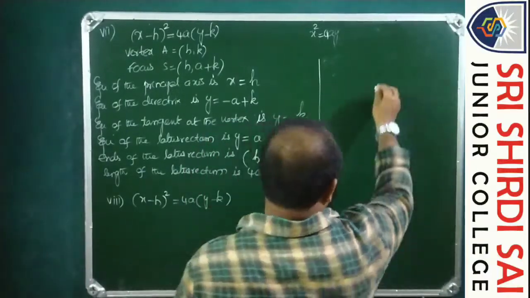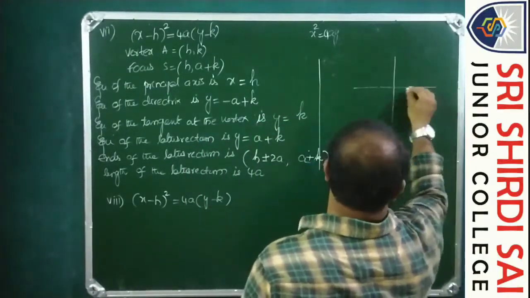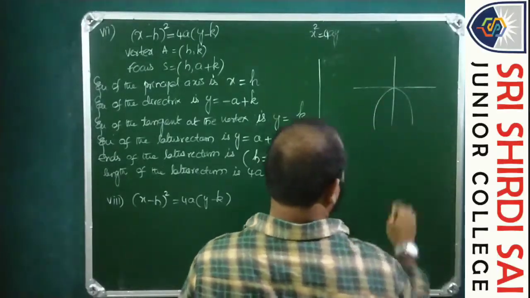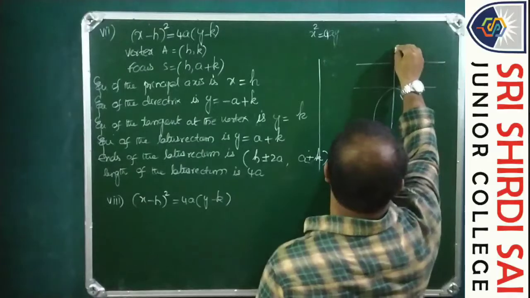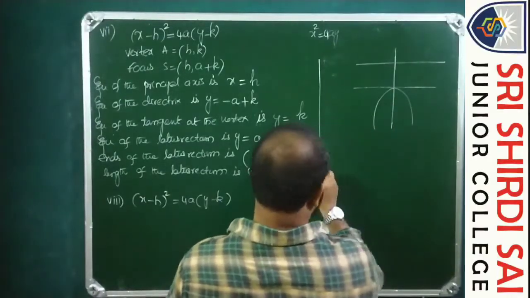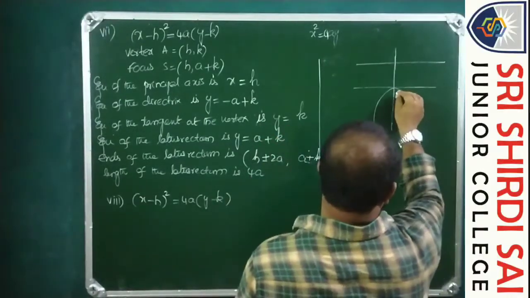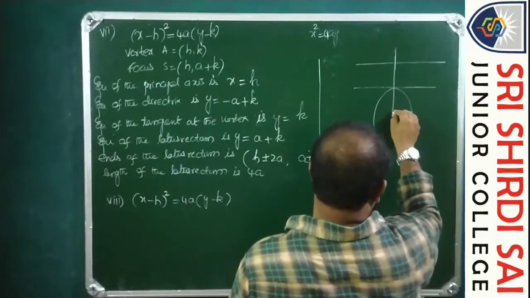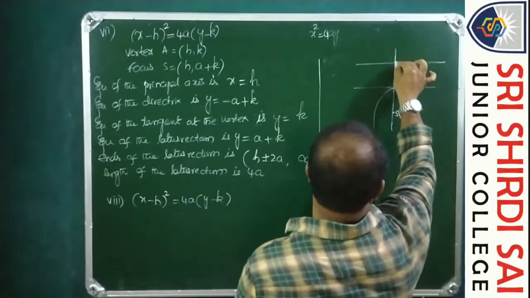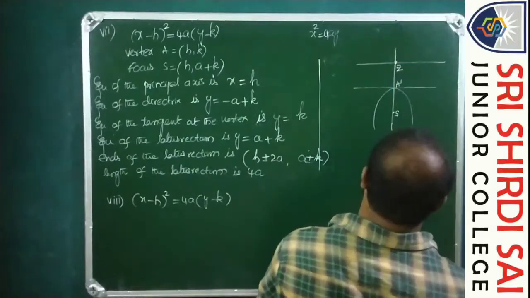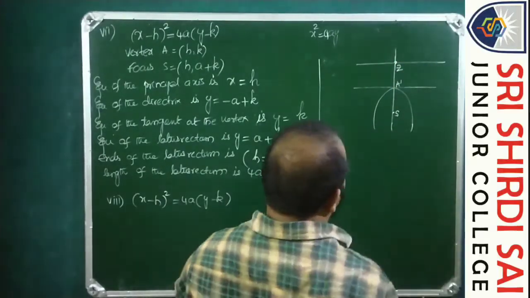This could be compared with this parabola. So this is our vertex. This is S, this is A dash, this is Z.